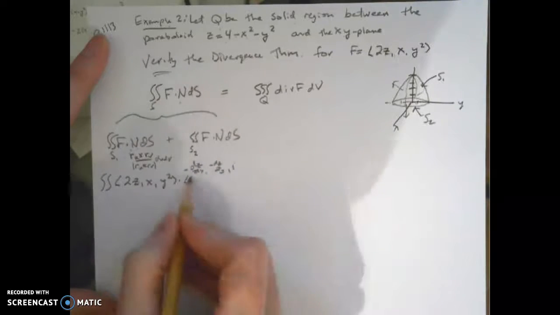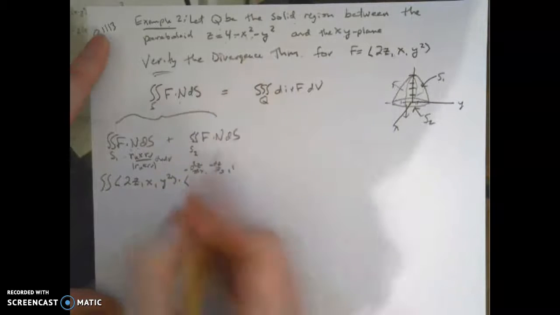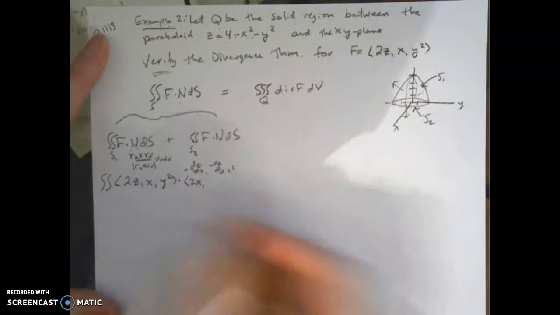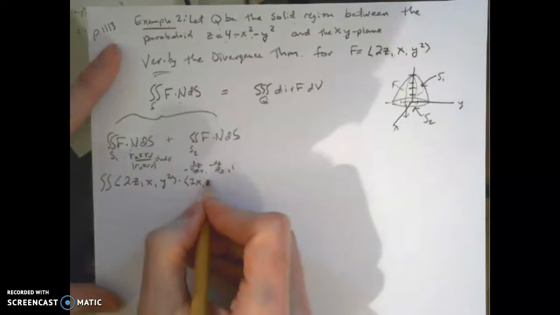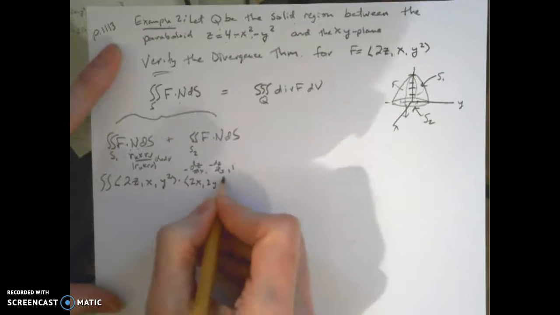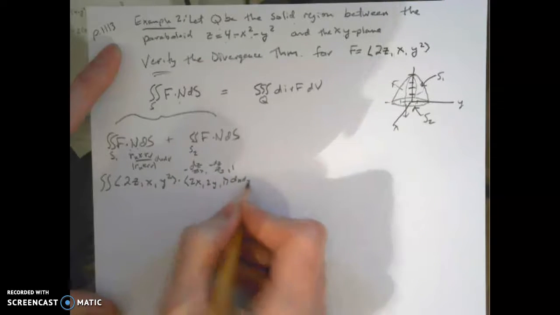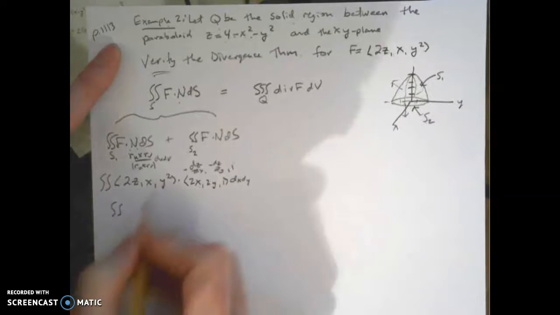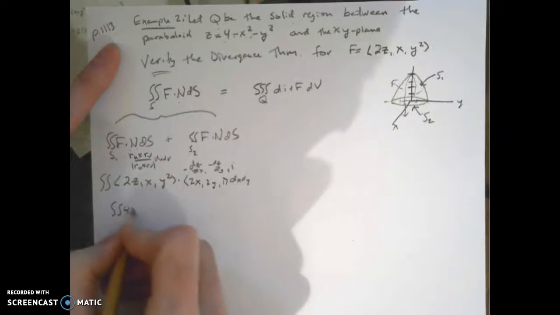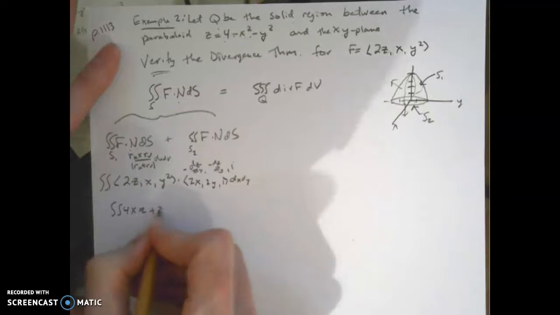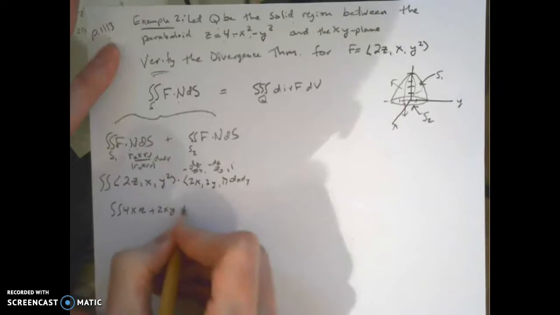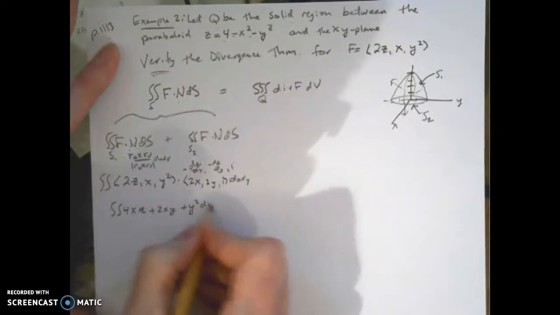So we're going to do that here. dz/dx is negative 2x, the opposite of that is 2x. dz/dy is negative 2y, opposite of that is 2y, and comma 1. Then dx dy. Doing this integral, we've got 4xz plus 2xy plus y squared dx dy.